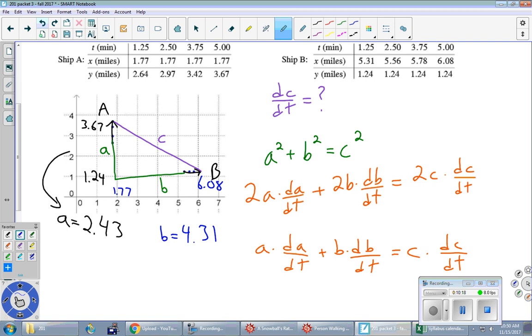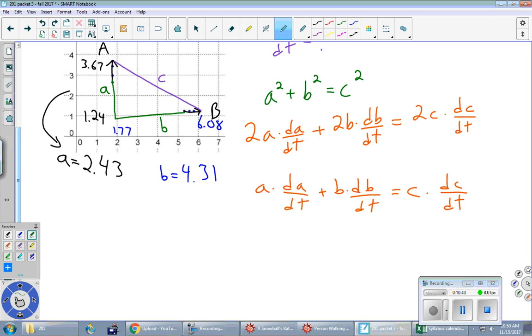Okay, so we've got our a and b at this particular moment in time, this fixed picture moment. How are we going to find c? Wait, we can't use the tables. I mean, the tables don't tell us. Yeah, we've got that green equation right there that tells us the Pythagorean theorem is true. And so we just plug our particular a and b into that equation and find c. So let's do that.